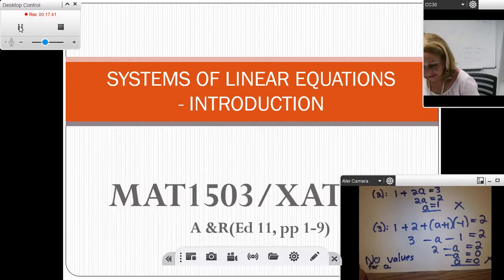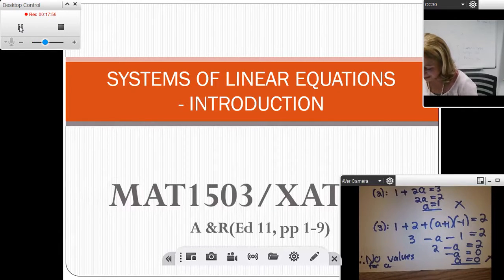Can you see that you can only get a value for A if all three equations in your system are satisfied? And because these two do not match with each other, our conclusion is that there are no values for A satisfying this equation.